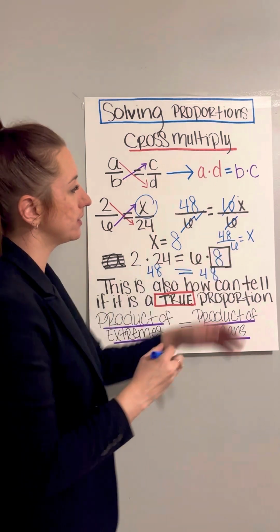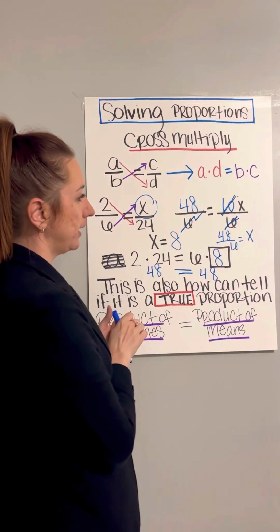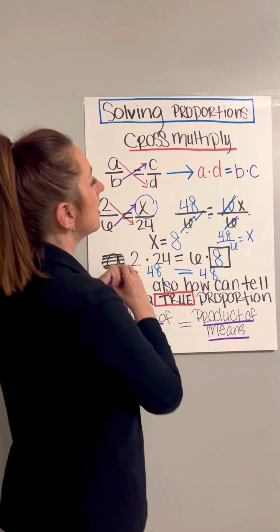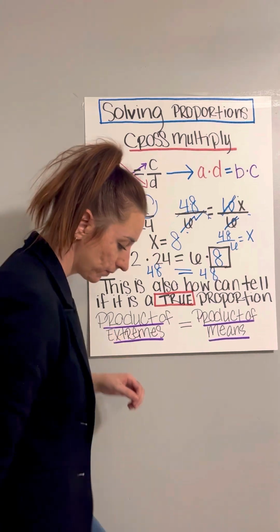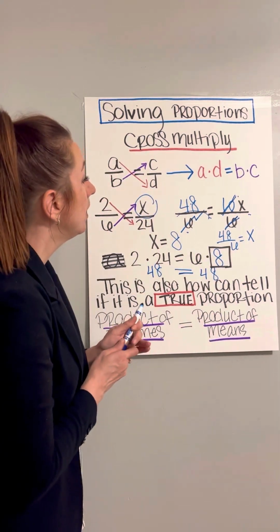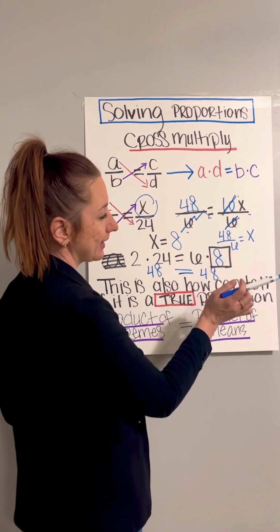So we would get rid of our terms here, leaving 48 over 6 equals X. This did not need to be crossed out. That's still there. So 48 over 6 equals X. 48 divided by 6 is 8.